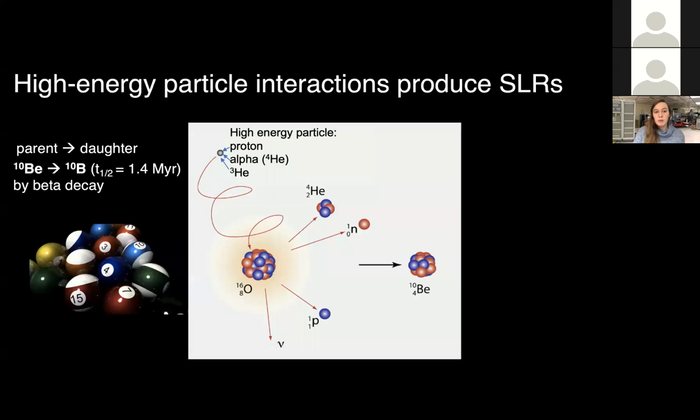In this example, it's shown colliding with oxygen. If the interaction is right, then the bigger atom can break apart into its constituent components. So beryllium-10 is one of the resulting nuclides from a collision like this.